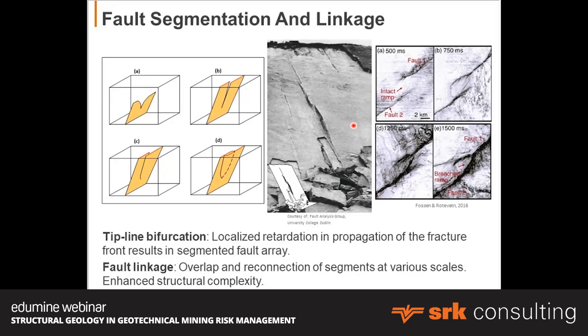And eventually it breaches and you form a ramp. Okay, this is a zone of intense complexity and fracturing. Over time, as this fault continues to accommodate strain, it may become a zone of thicker brecciation. All right, but that overlap and linkage is very important to explain the variation in properties across the fault system.